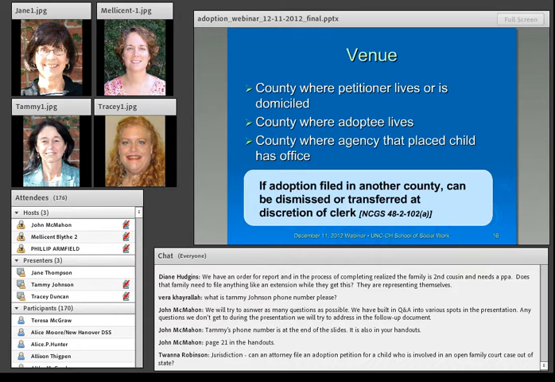The child is from County X, that is, the birth mother lived in County X, but she went to County Y to have the child in the hospital. So the child was born in County Y, but they're now waiting in a hotel room in County Z for the ICPC clearance so they can return to their home, and so they've got to figure out where to file.